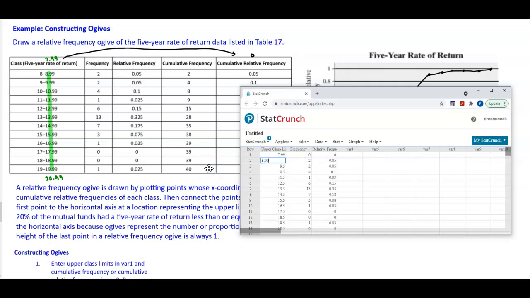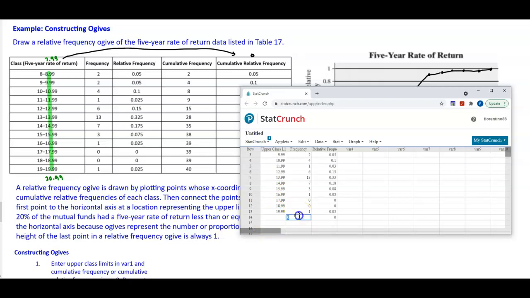and then 8.99, 9.99, 10.99, and then 11.99, 12.99, and so on.